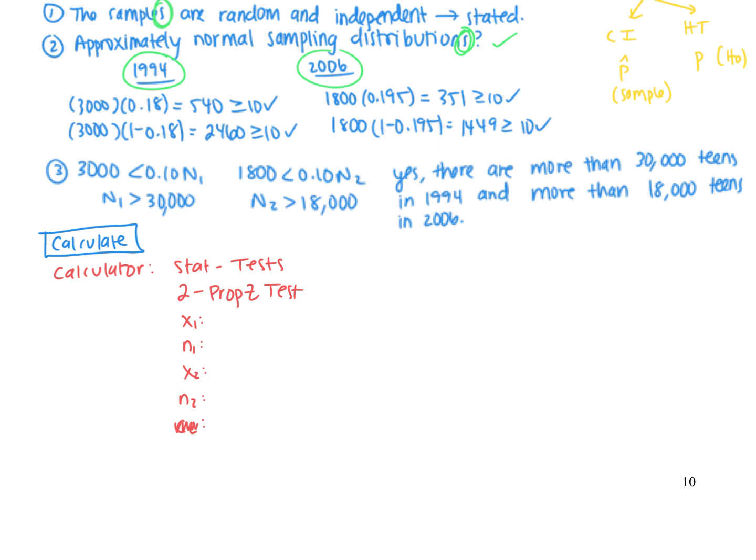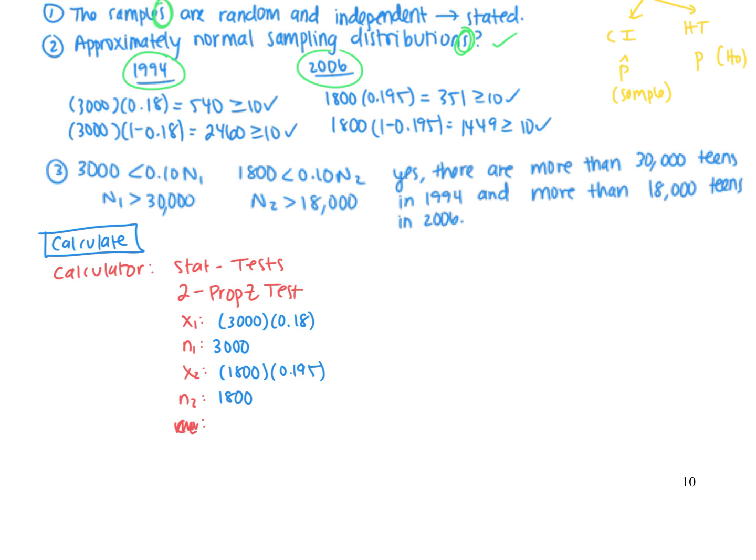Okay, your x is the number of successes, which in this case we are not given, we're going to have to calculate. So the number of successes is the number of teens with hearing loss in 1994. So for x1, you're just going to put 3,000 multiplied by 18%. And then your first sample size is 3,000. Likewise, for our second sample, out of the 1,800 teenagers, 0.195 showed hearing loss, sample size of 1,800.